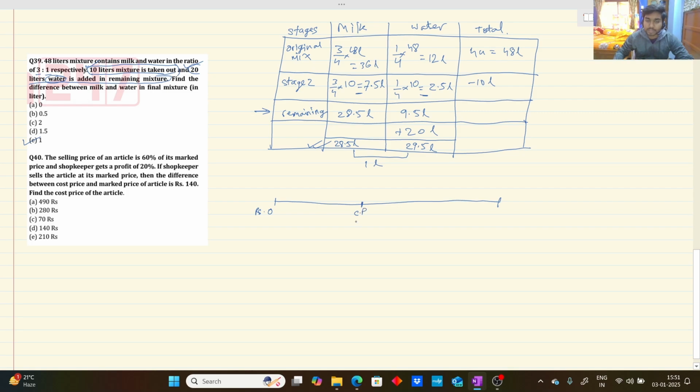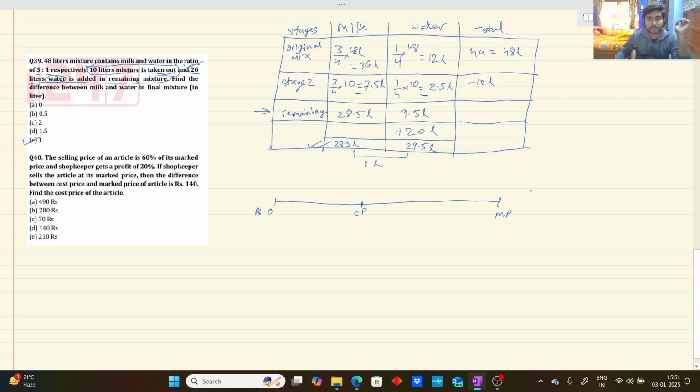Let's say a shopkeeper has bought one dress for the price of rupees 1000, and he decided to mark up the price. Let's say he has decided to mark up the 1000 rupees shirt to 1500 rupees.